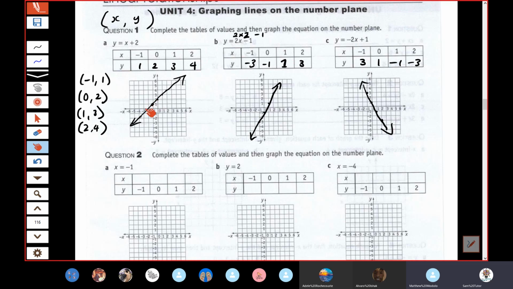For all of them, do you have to put the actual equation next to the line? So you're saying do you have to write it like this, y equals x plus 2? Yeah. No, you don't have to. I think your teachers tell you to do that, but that's not a requirement.